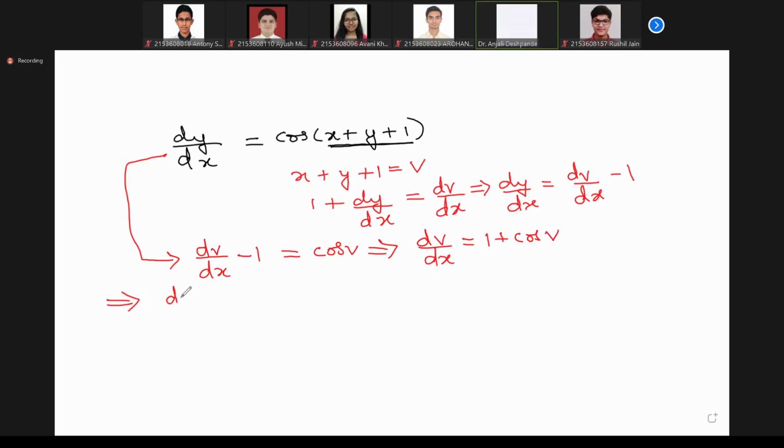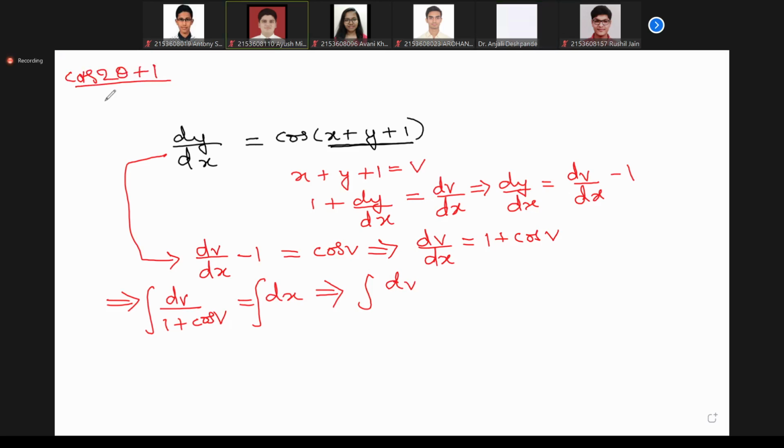So how will you write it? dv upon 1 plus cos v is equal to dx. And now we can try to integrate this. So 1 plus cos v, basic trigonometric identity. Who will tell me the 1 plus cos v value? 1 plus cos 2 theta, what is the value? It is 2 cos square theta.